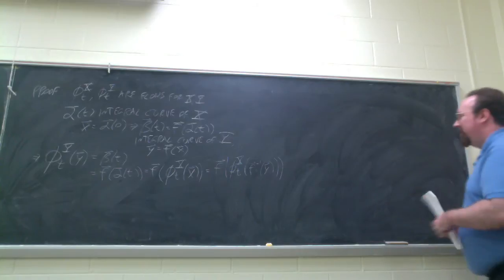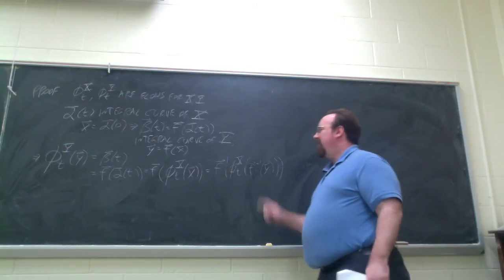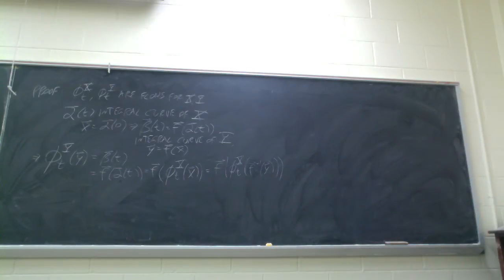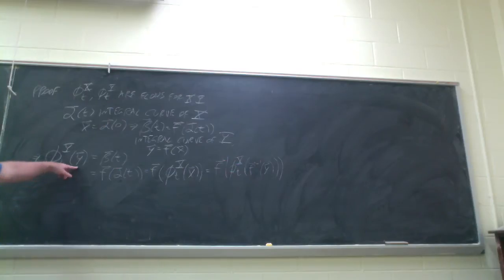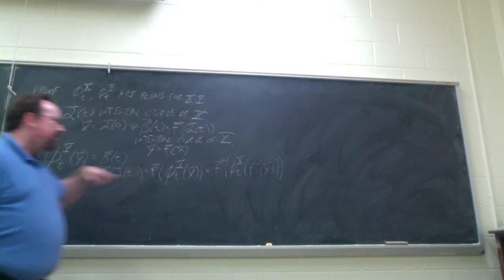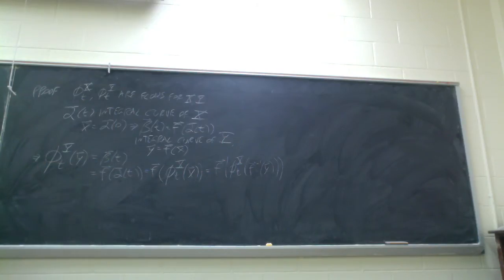Yes, that is all I want. So that's how I can define the flow of y in terms of the flow of x, because I'm always evaluating the flow at some point in y space. So I take f inverse first, take the flow of x from that initial point, but that puts me in x space, and I use f again to get back to y space.